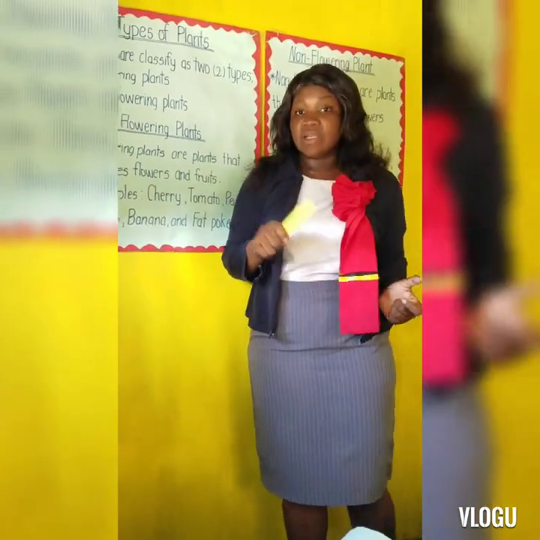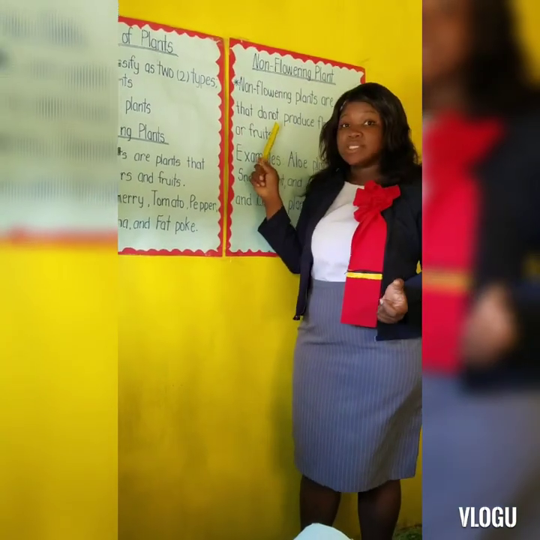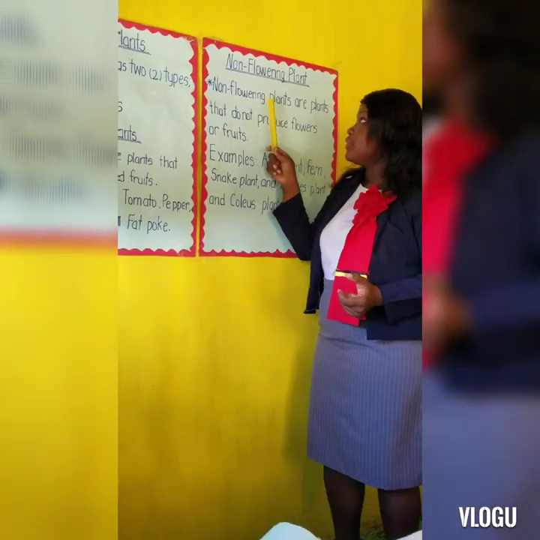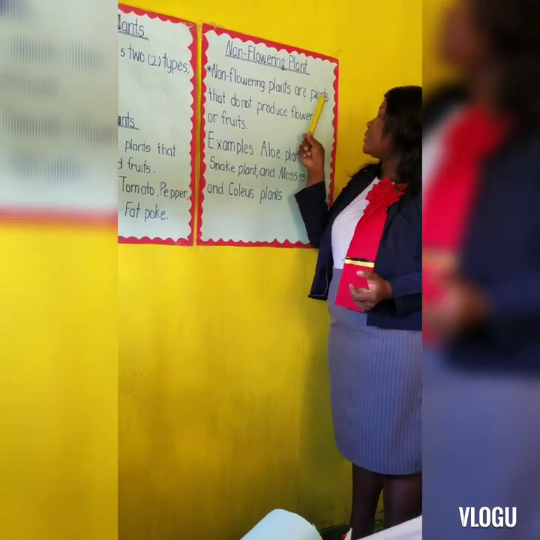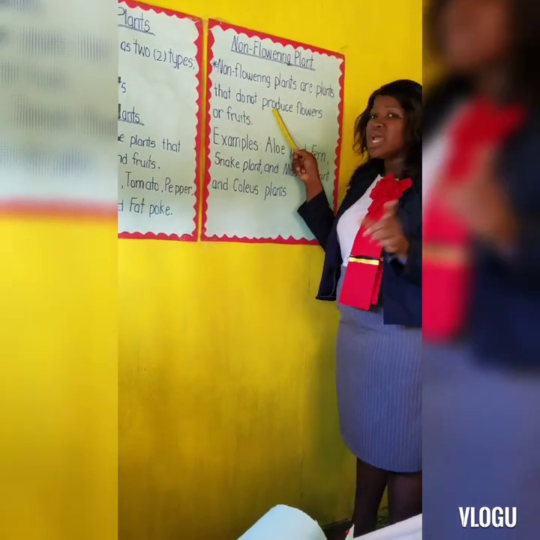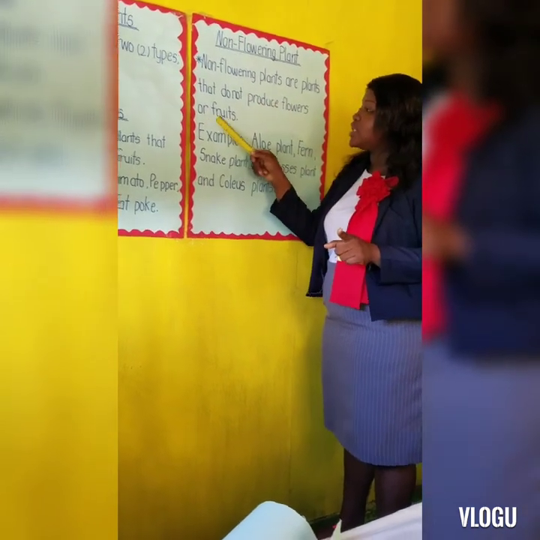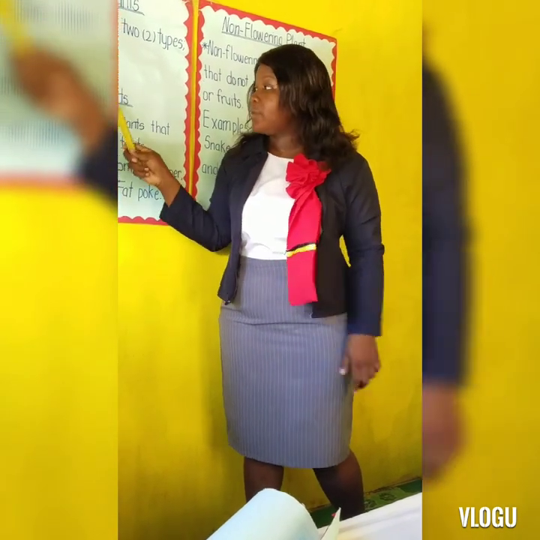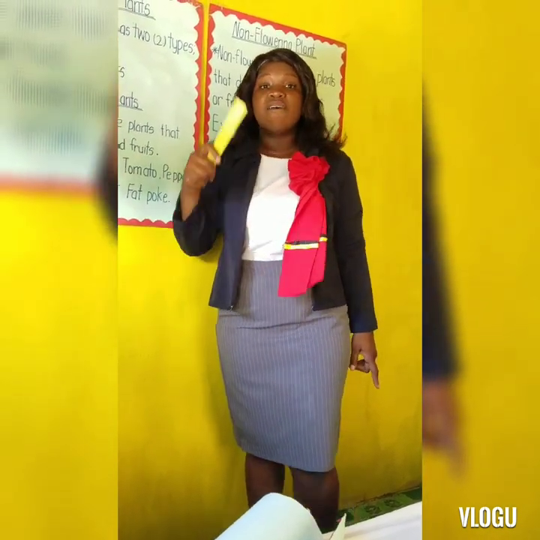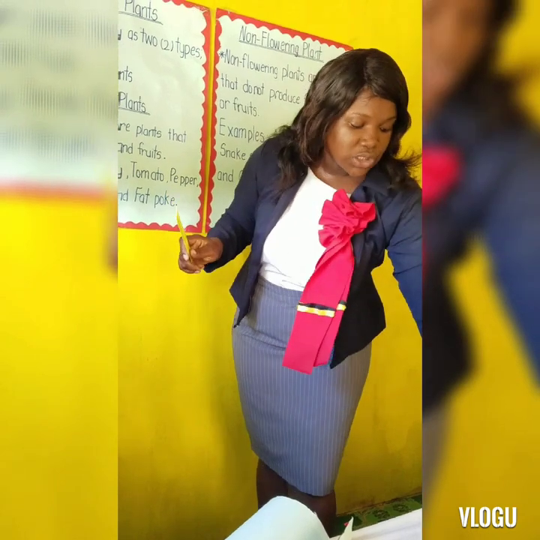Now, there are non-flowering plants also, right? Now, hear what it says. It says non-flowering plants are plants that do not produce any flowers or fruits, right? Now we said for the flowering plants, they produce flowers and fruits.